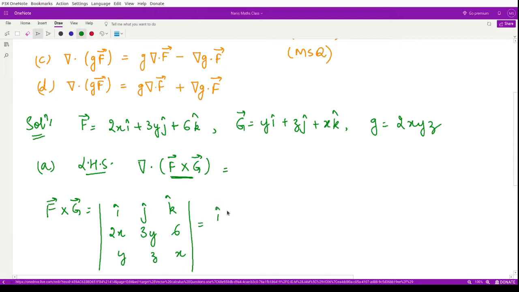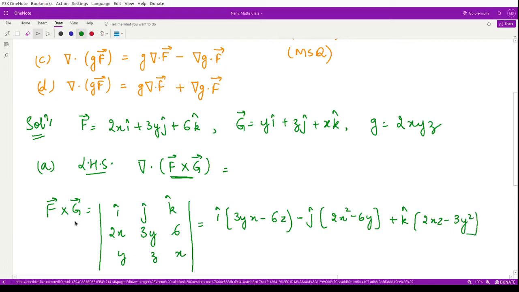So when you solve this, you will have here 3yx minus 6z, right, minus j cap. Then you have 2x square minus 6y, and then plus k cap you have 2xz minus 3y square. So this is the f cross g. Now you are to take the dot product of this vector with the vector del.